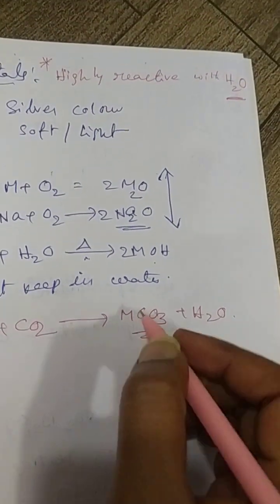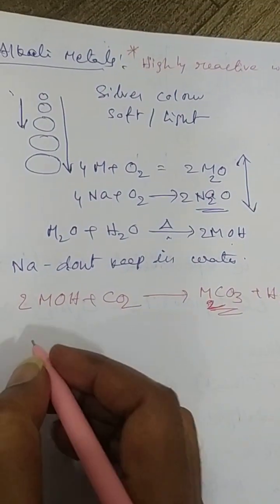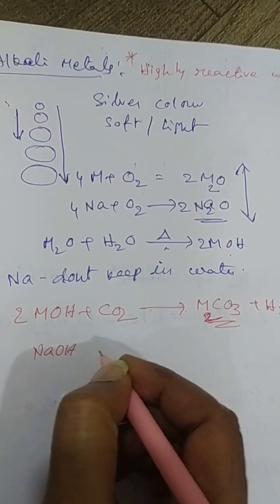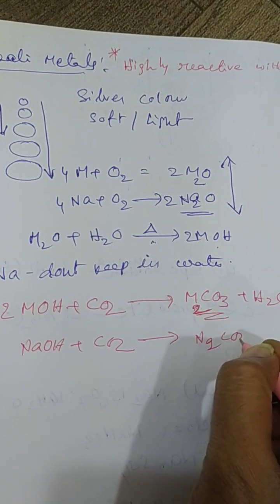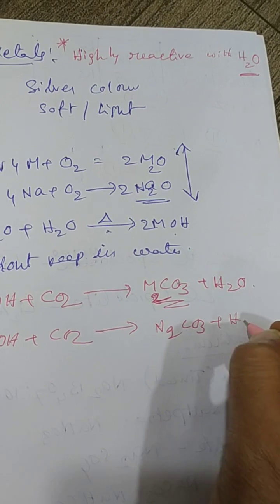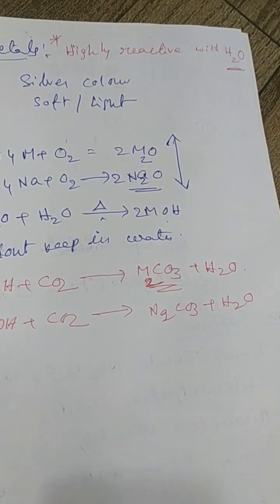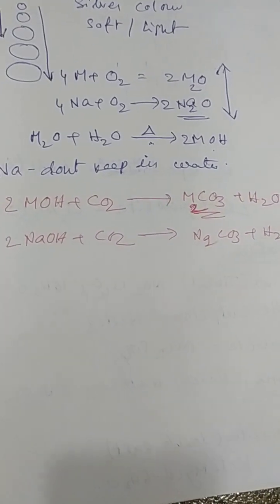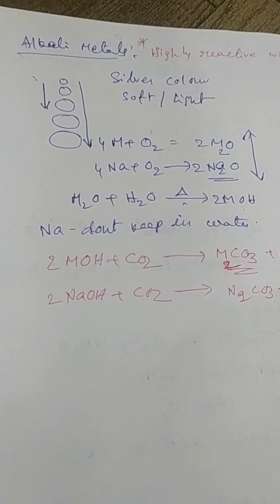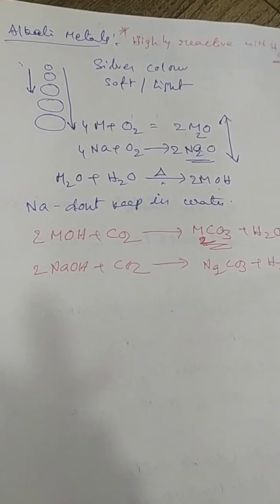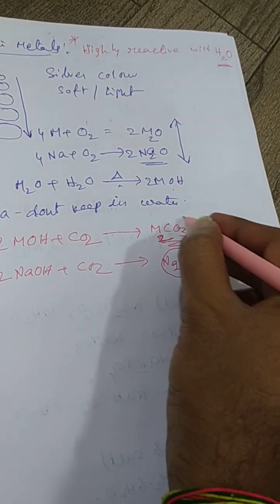For example, sodium hydroxide will react with carbon dioxide and form Na2CO3 plus water molecule. So this is a chain reaction. If you put sodium in the atmosphere, the final product will be sodium carbonate, a metal carbonate.